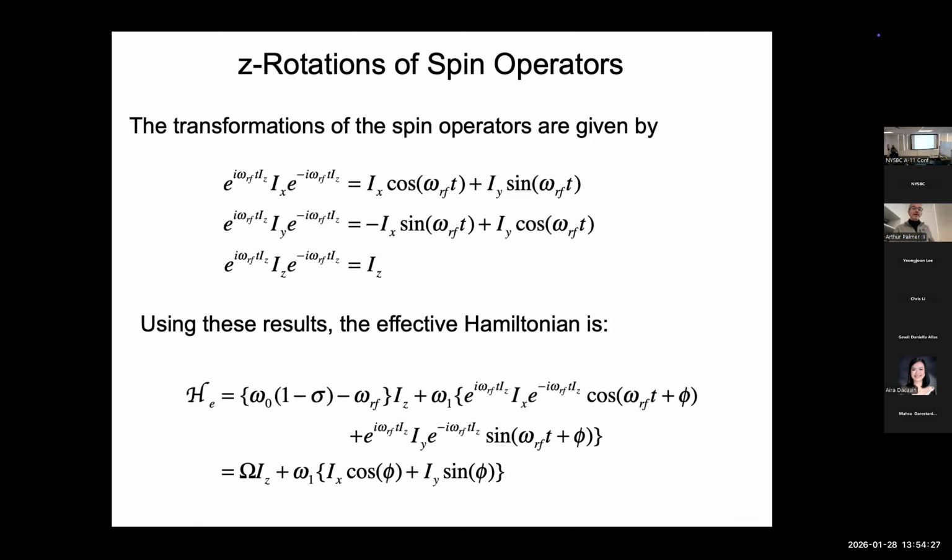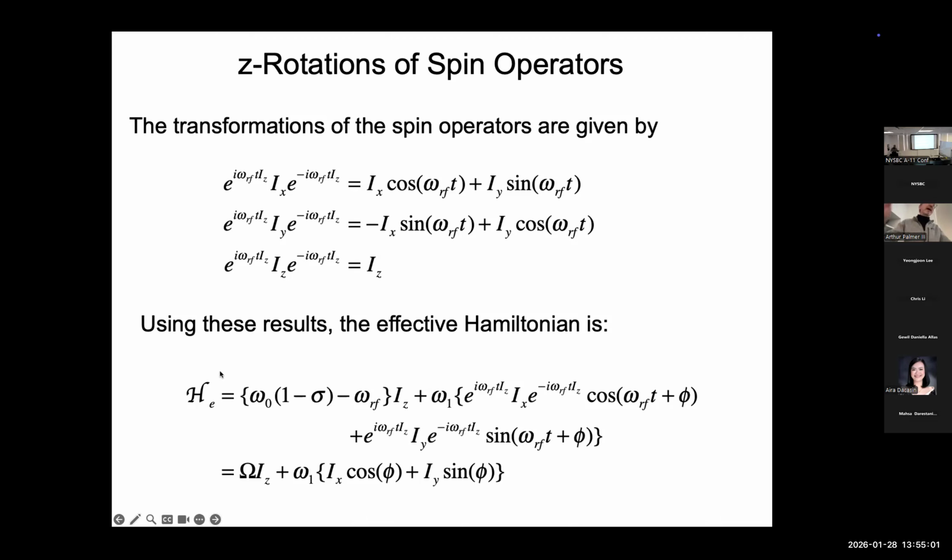So here, we're just asking about the Hamiltonian. And in the rotating frame, the phase, if you like, phi here of the Hamiltonian was fixed by the phase of the RF field when we started the pulse. Now, the phase of magnetization, that's going to depend on evolution of the density operator under this Hamiltonian.